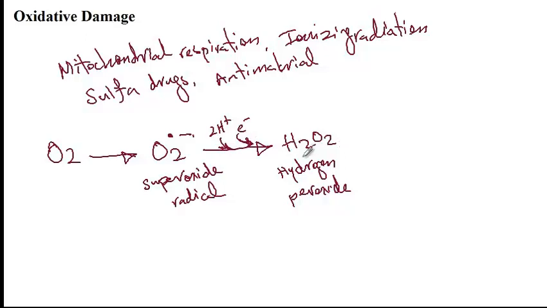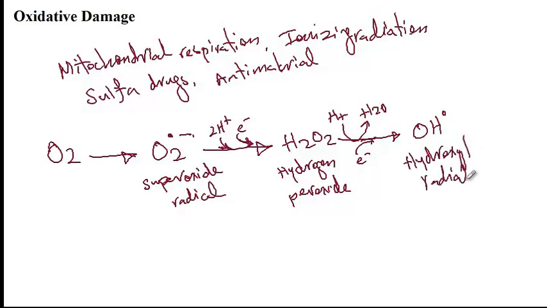Now H2O2 can then, via H+ going in and losing an H2O and an electron entering, be converted into hydroxyl radical, which is extremely toxic. And the reason for that is that this is highly unstable, and so therefore it would right away react with lipids, DNA, and proteins.